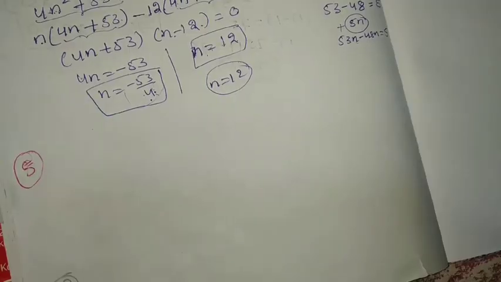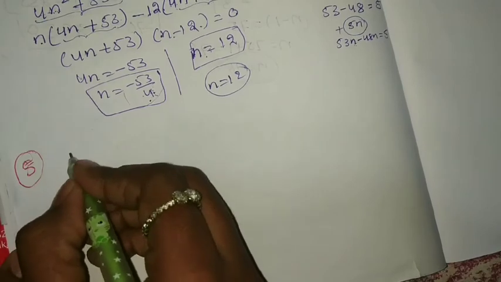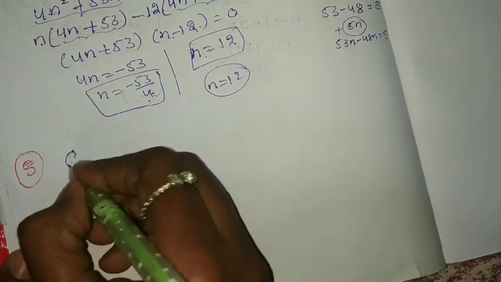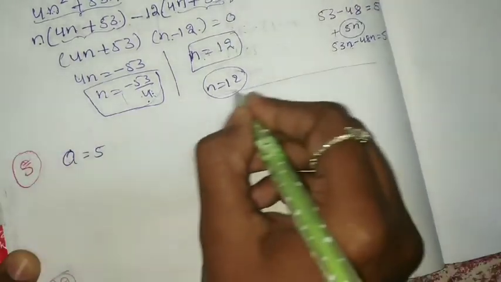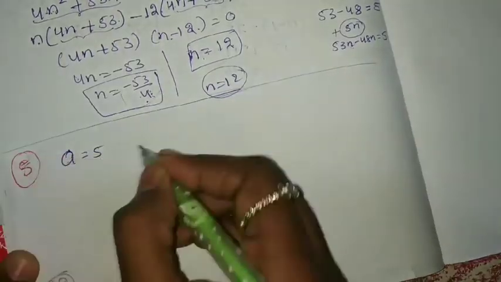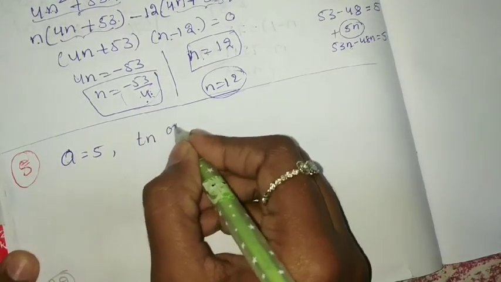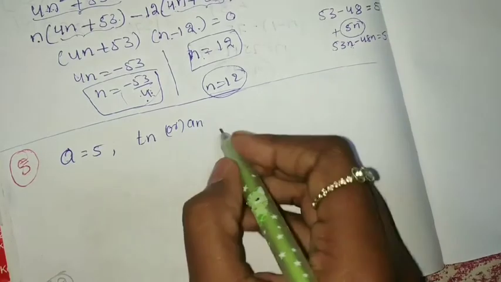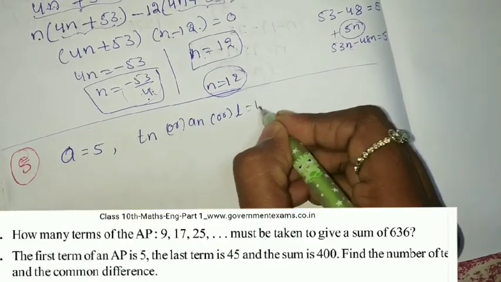Let's complete question number 5. So what they given? The first term is 5, that means a is equal to 5. And last term, that is tn or an, you can denote as you wish, or last term is nothing but l is equal to what? 45.